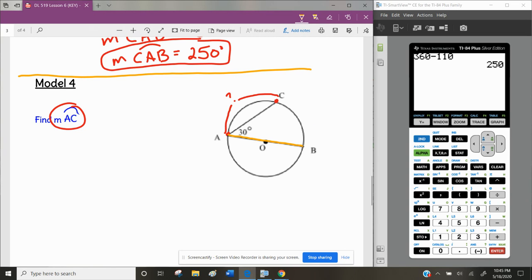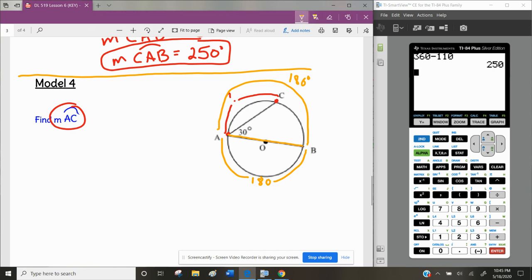I know it's a diameter because it has 2 endpoints on the circle and it passes through the center O. So from our lessons before, when we talked about central angles, we talked about diameters dividing the circle in half, so it creates a semicircle. So I know that all of this side is going to be 180 degrees, which means that all of this other side, ACB altogether, would also be 180 degrees.